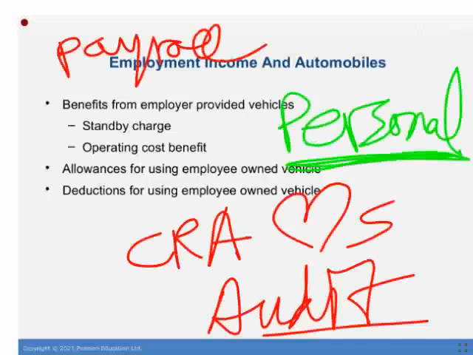But further to that, there's an even bigger item which ensures there is some personal use. CRA interprets that when you leave your house in the morning and you drive to your place of work, that is personal usage.